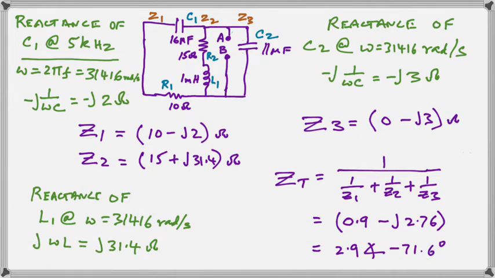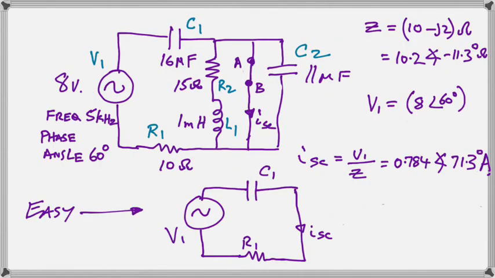We have found the ZT is actually what would be the ZTH, or the Thevenin equivalent resistance of the dead network. We now proceed to discover the ISC, or short circuit current, for the system that we're trying to analyze.